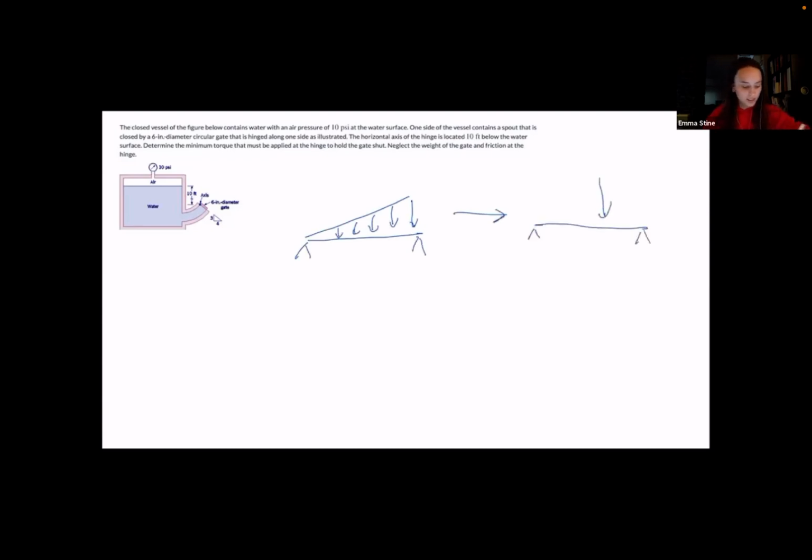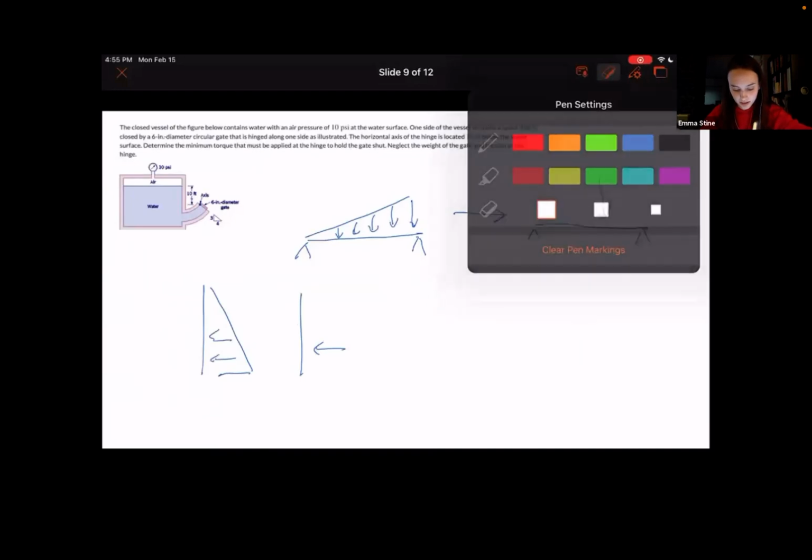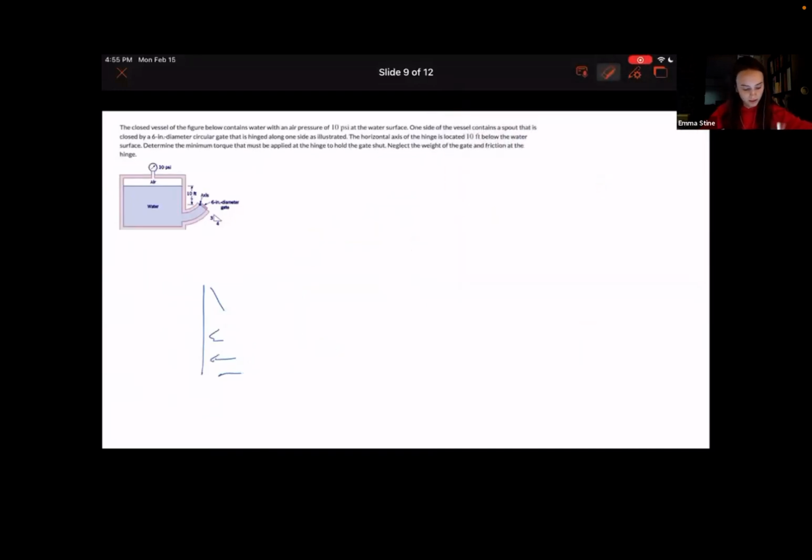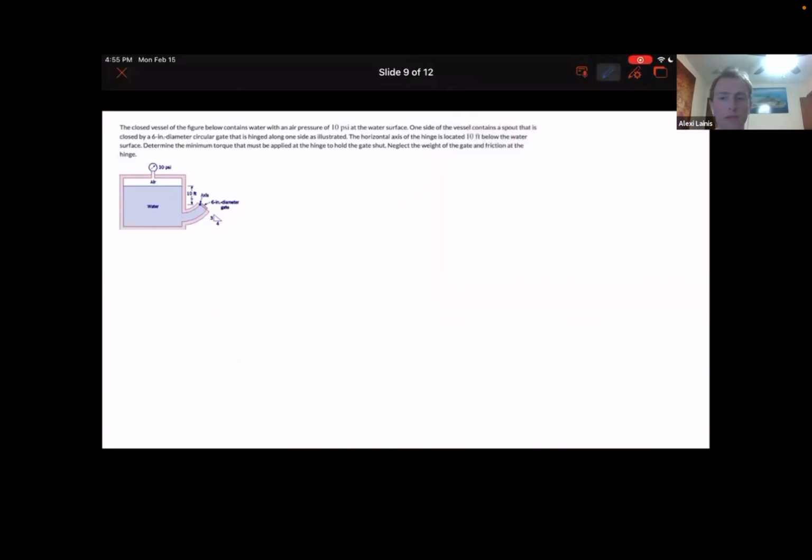We're doing the same exact thing with these water problems, turning this into just one force. That's how I think about it. And just for reference, everybody, this is the first Wiley problem.